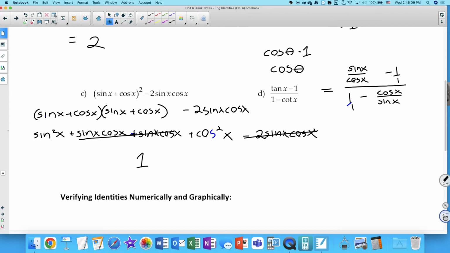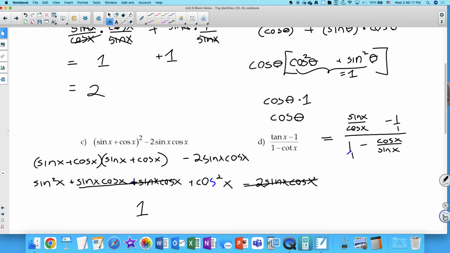The ones can't cancel, because if the ones could cancel, it would be like thinking, okay, if I have, I don't know, 5 minus 1 over 1 minus 4, that I can just do that. And that's not true, because this is actually 4 over negative 3.